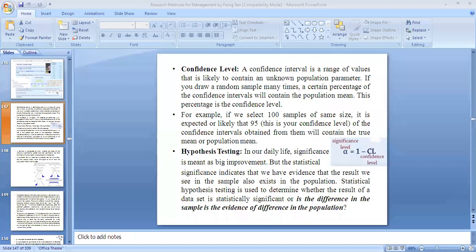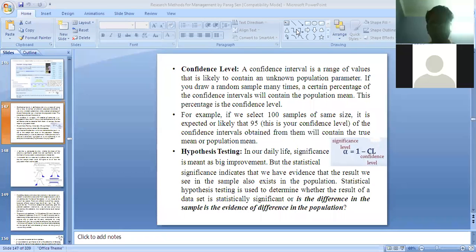So today we are going to discuss the core topic, which is known as hypothesis testing. Okay.